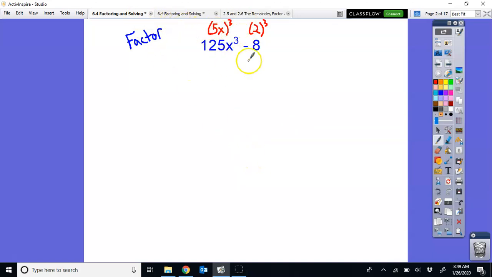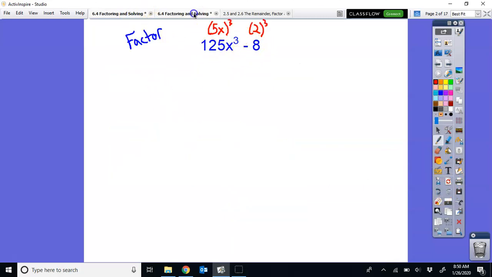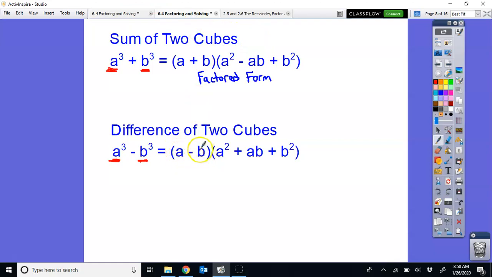So 5x and 2 are my bases, my A and my B, that I use in the pattern over here. So make sure you understand that the 5x and the 2 are what we're using. We don't use the 125 and the 8. So we plug in the 5x and the 2 into each one of these spots for A and B.